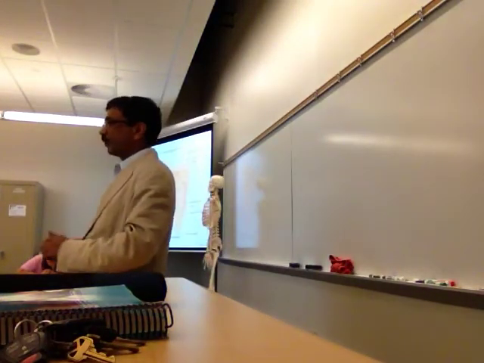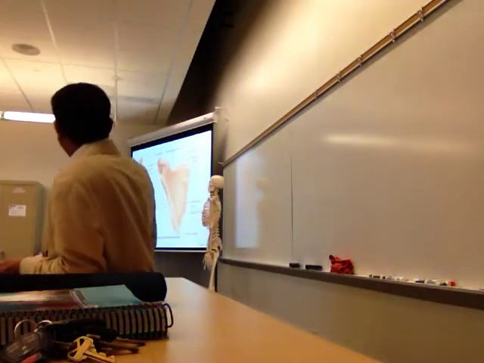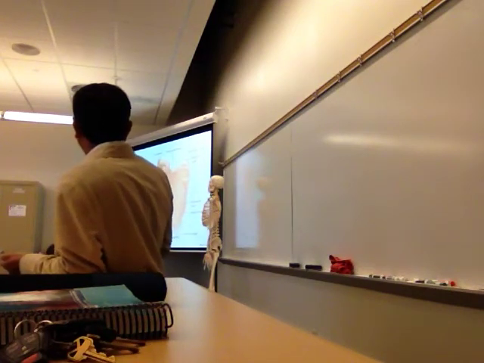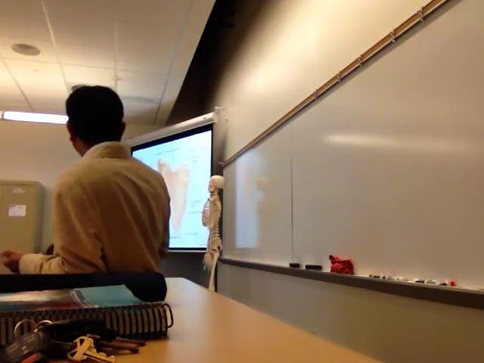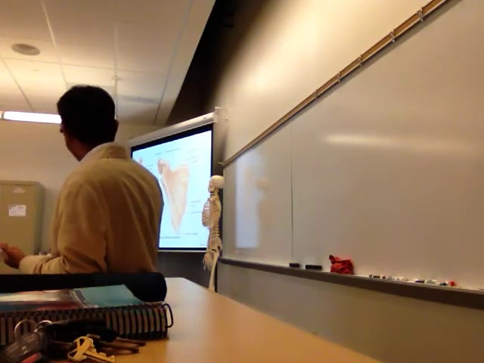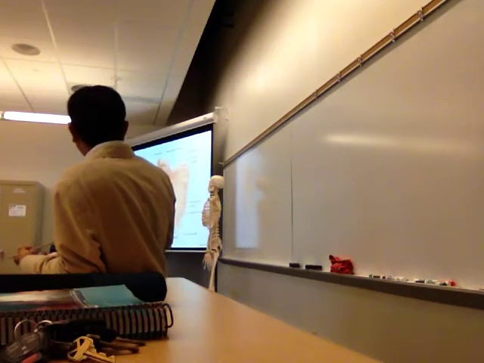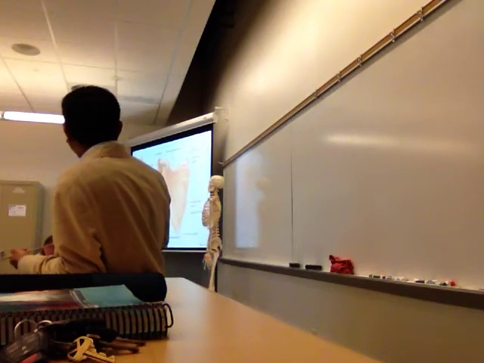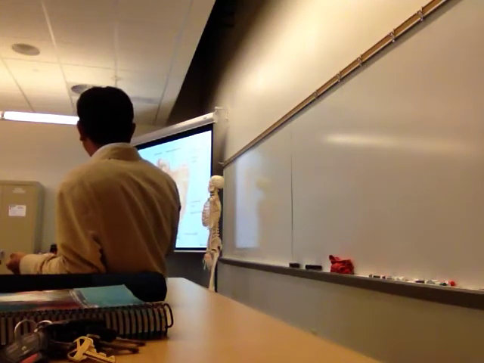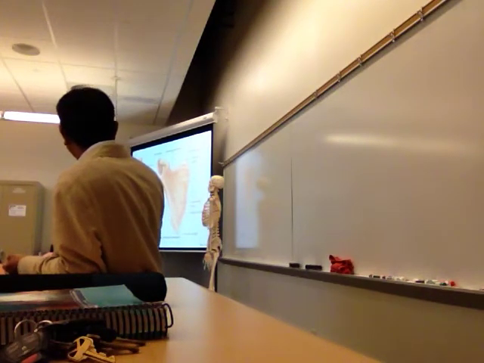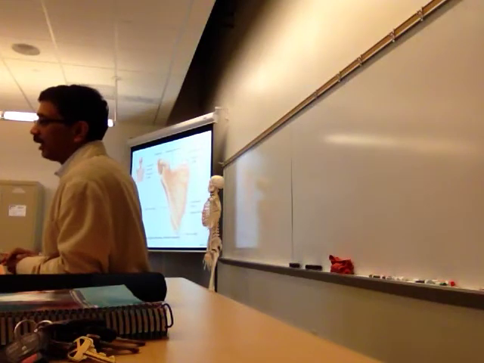Scapula. Scapula has three borders: superior border, medial border, and lateral border. And it has three angles: superior angle, inferior angle, and lateral angle.